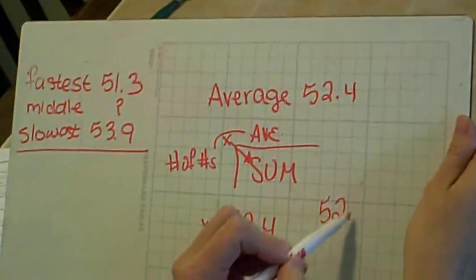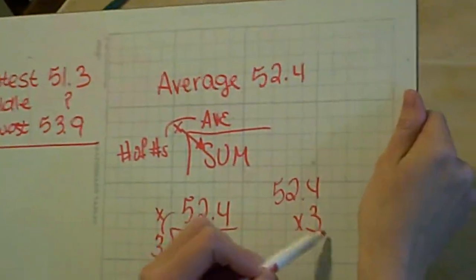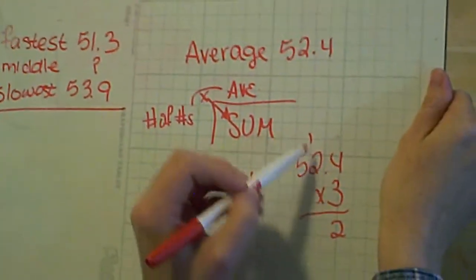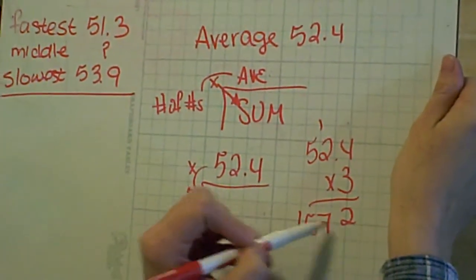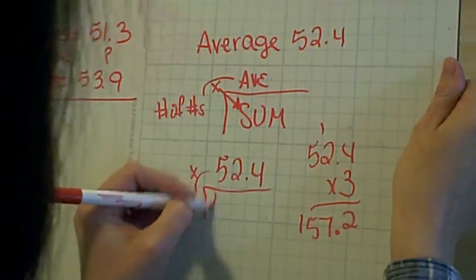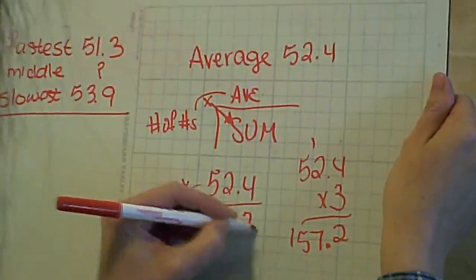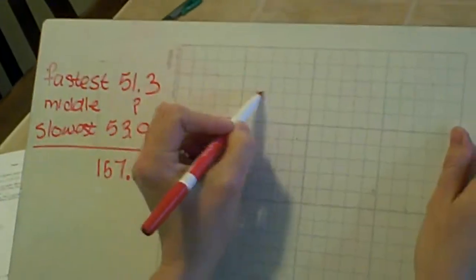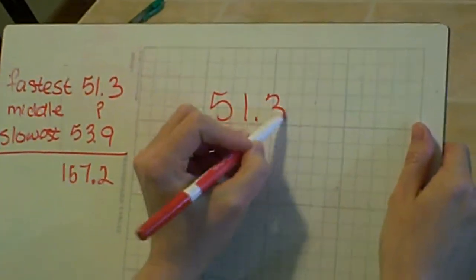So 52.4 times 3 gives us 157.2. So that's how much all of them add up to, the sum. Okay, so 157.2 is for all 3. Now since we know the fastest and the slowest, we can add those up to find the middle one.